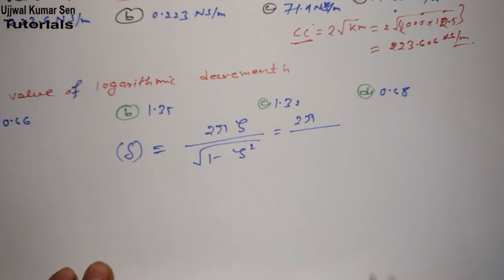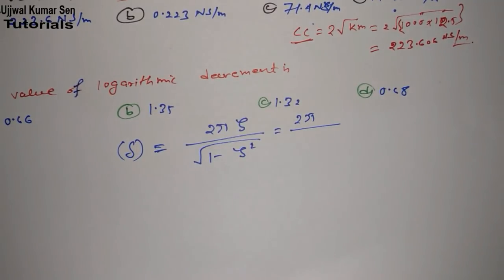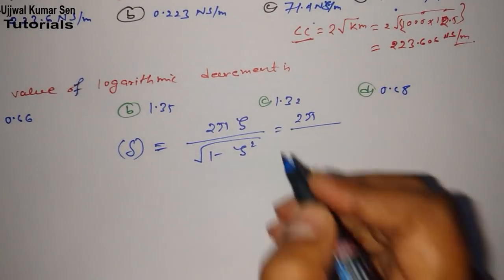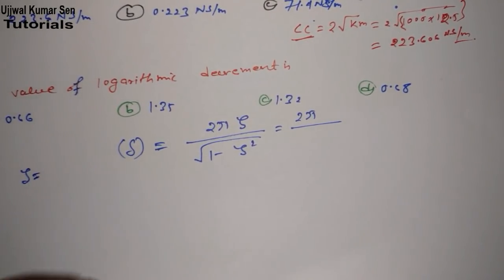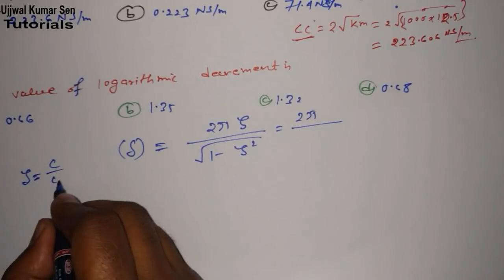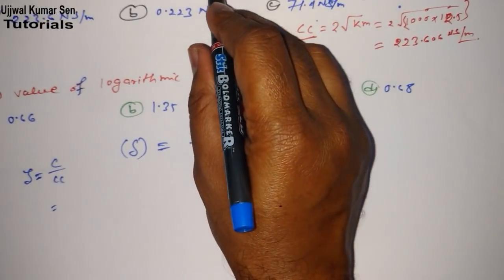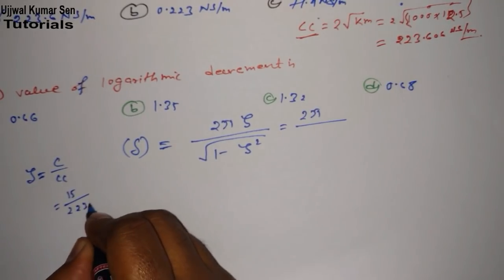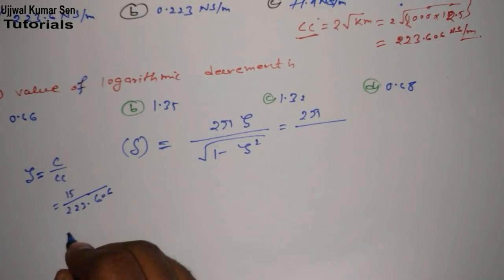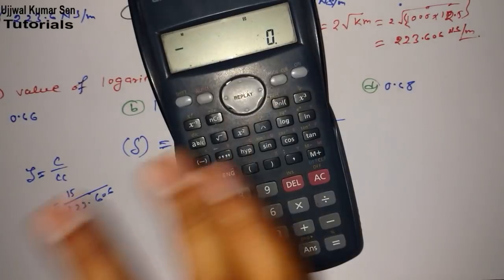We don't know it, so for solving further we have to get the value of zeta. We know that damping factor zeta is C by Cc. C is given as 15, and Cc is 223.606, and it is unitless.